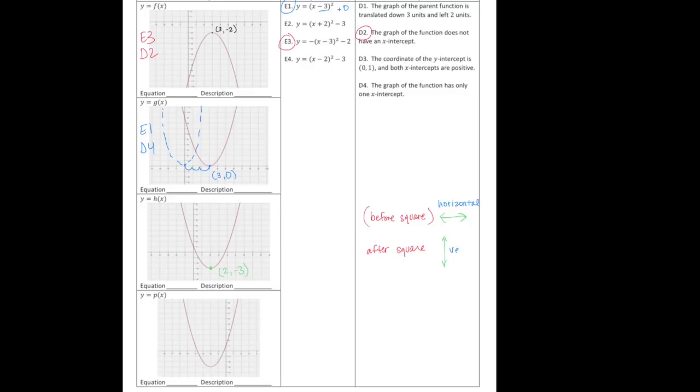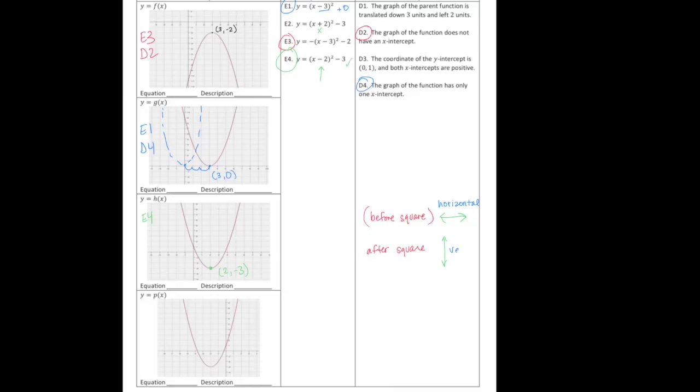So for h of x, my vertex is 2, -3. And I know that my opposite x cannot be E2, and that's why E4 is the only possible choice there for -2, because that's the opposite. Remember, when you have it in vertex form, your x value is going to be the opposite, and then -3 is the y value.